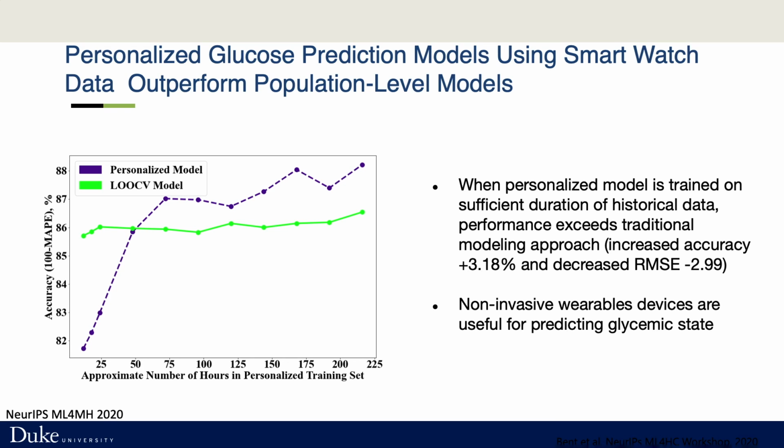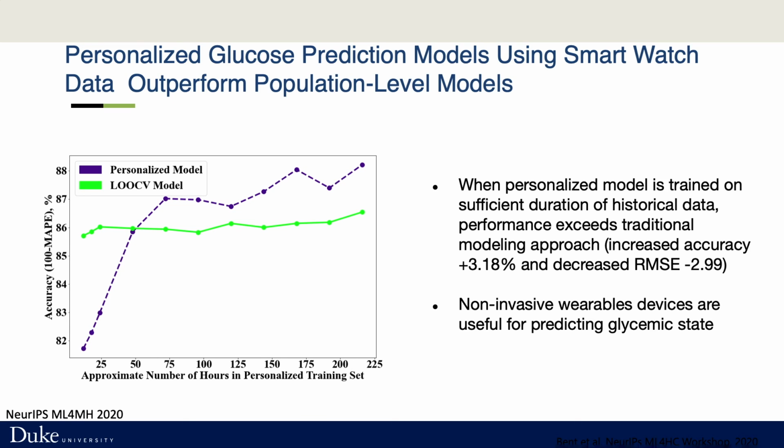Specifically, we were looking to develop prediction models of glucose based on measurements from the non-invasive watch. So we were aiming to predict measurements from the continuous glucose monitor using a combination of measurements from the heart rate and movement, skin temperature, and electrodermal activity.